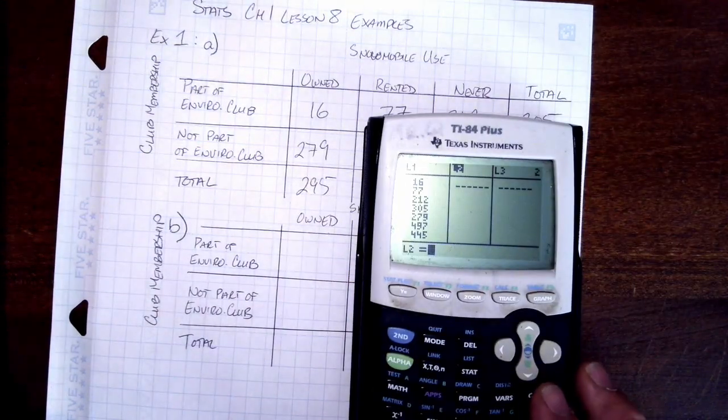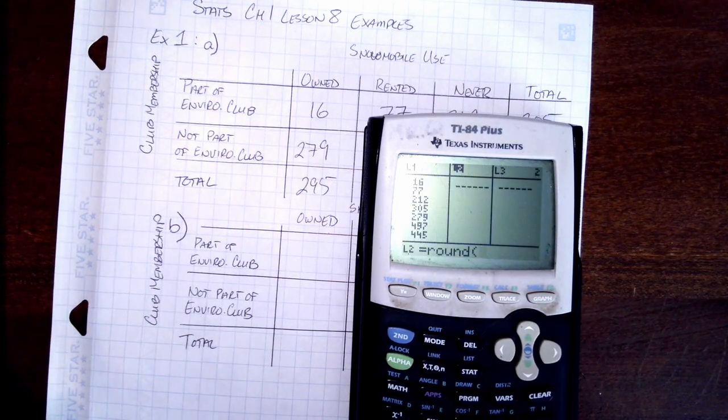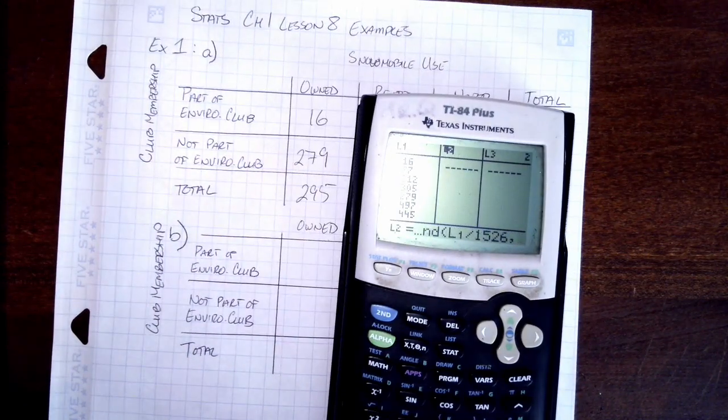I also want to round to 3 decimal places, so let's go math, num, round. We're going to take all of L1 over 1,526, comma, and round it to 3 decimal places.